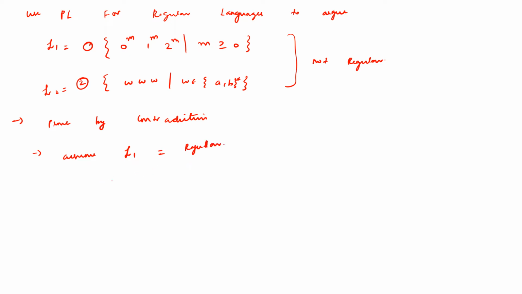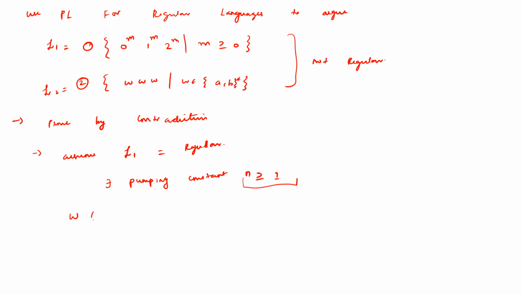Because L1 is regular, the pumping lemma says there exists a pumping constant n greater than or equal to 0. I'm not very sure if n should be greater than or equal to 0 or 1, please verify that, but nonetheless you have a pumping constant n. Let's take n greater than or equal to 1 for this example.